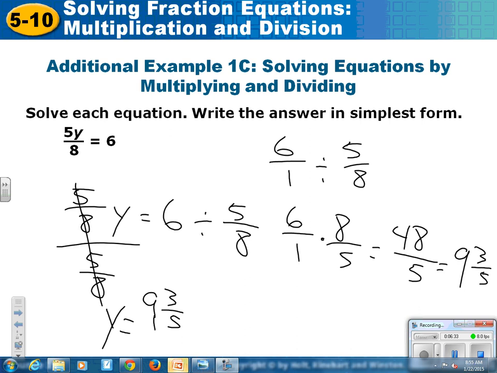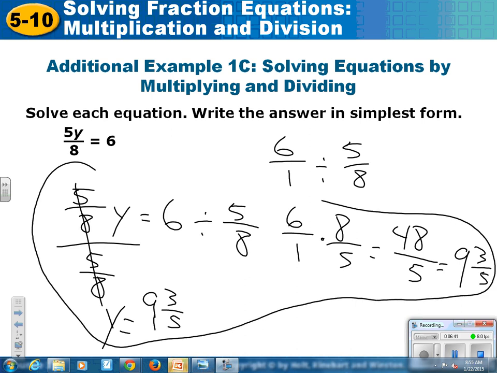Well, honestly, I'm going to need to see just about all of this. This you don't have to show me. You need to show me that 6 divided by 5/8. Then I want you to show me that you flipped it and then solved it.